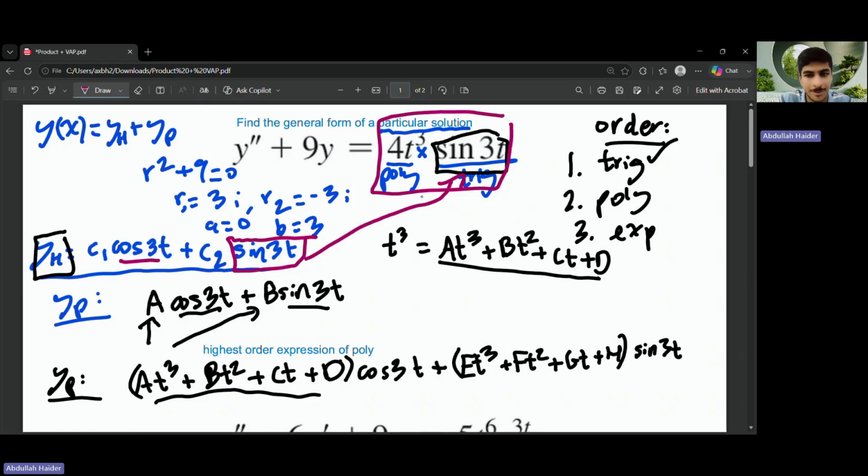Sine 3t and sine 3t. Hence, this whole YP expression will be multiplied by x. Why x? Because sine 3t is appearing once in the homogeneous solution, and to have linear independence, we have to multiply our final answer by x. So that's it for this question.